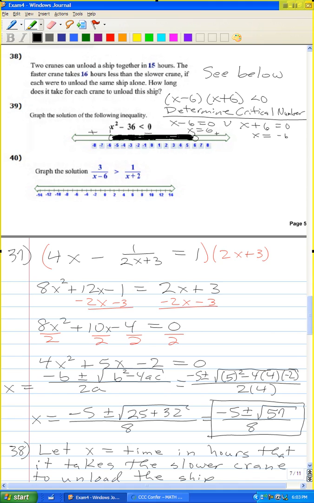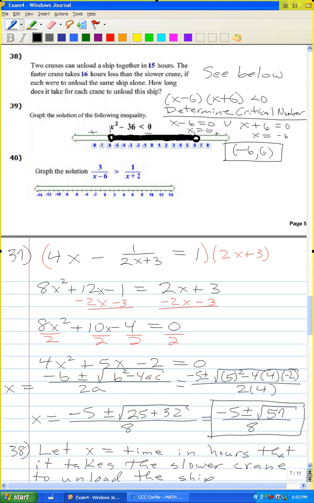We do not fill in either of these critical numbers. And so this is just the open interval from negative 6 to positive 6. And that's your answer.